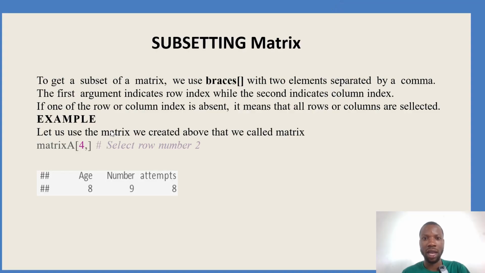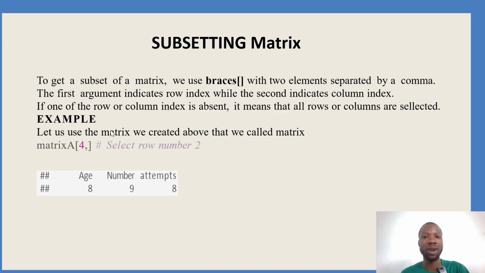So again, we are looking at subsetting. If we say subsetting, we are trying to look for specific values inside the matrix, as we have seen in vectors. To subset a matrix, we use the square brackets, the same as for vectors.